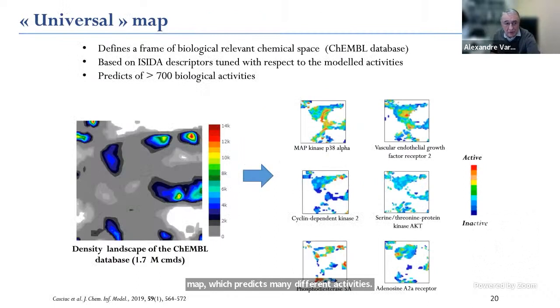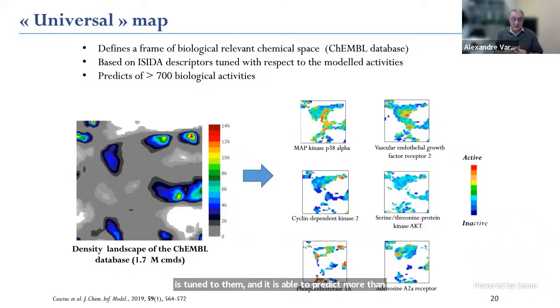Actually, we managed to build such a universal map for the ChEMBL database, and this map delineates, let's say, a biologically relevant chemical space. It is built roughly on 1.7 million compounds, on selected ISIDA descriptors, which we tuned, and it is able to predict more than 700 biological activities.